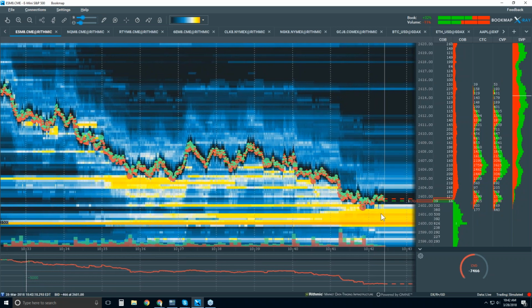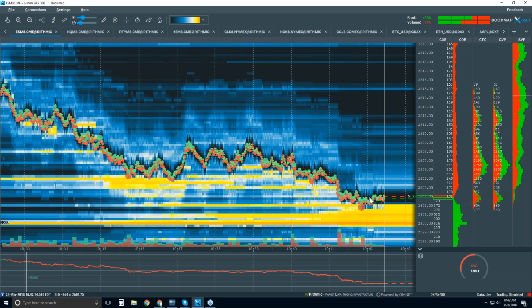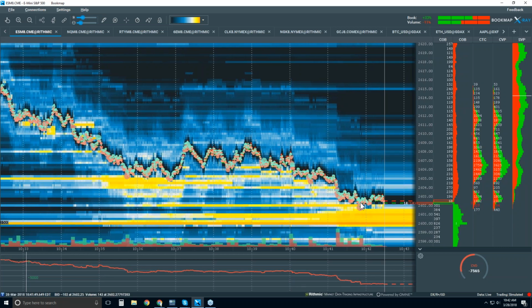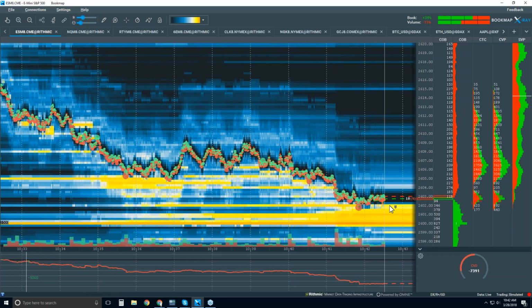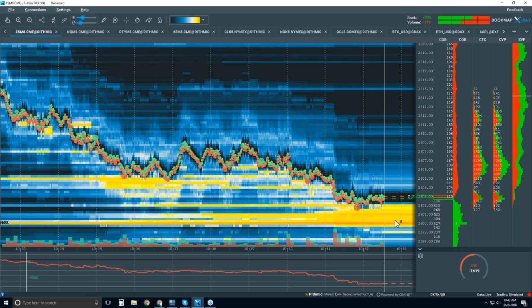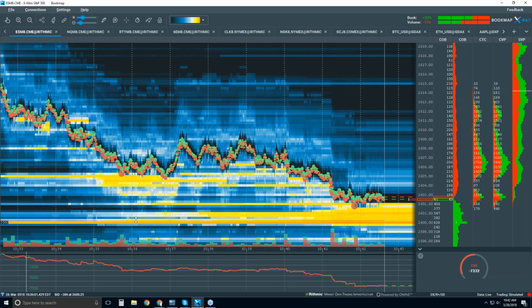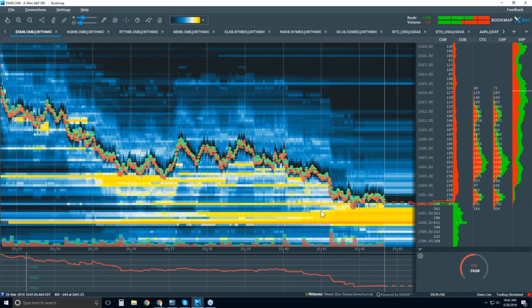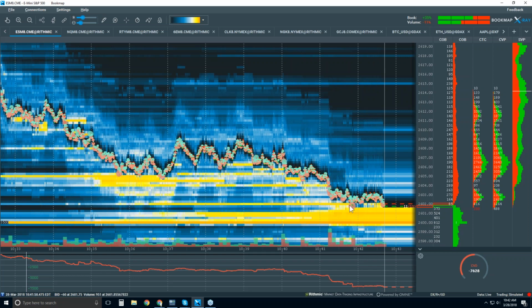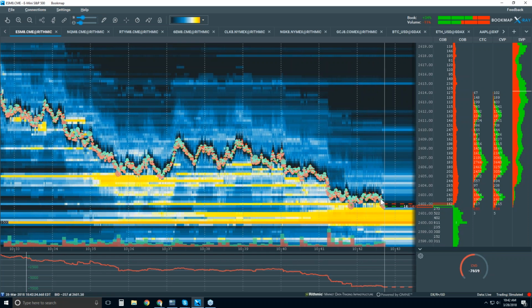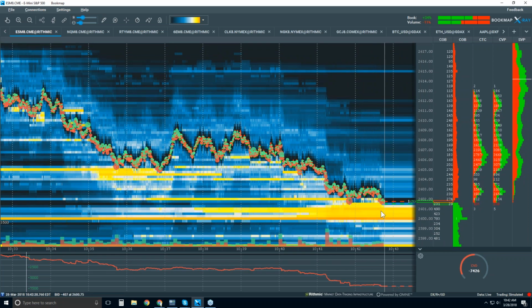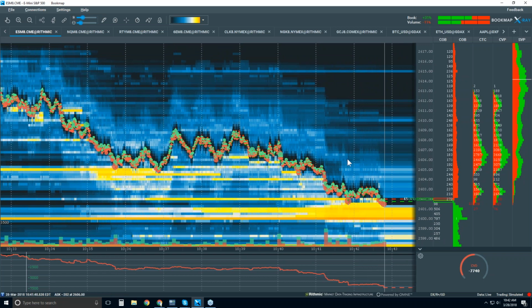If they stay in the book, the aggressive sellers can trade through this, but they need a lot of selling power to get through it, because look at how aggressively they're adding into the book as price is coming down here. And here we go. Now we're going to see if they really mean business here or not.